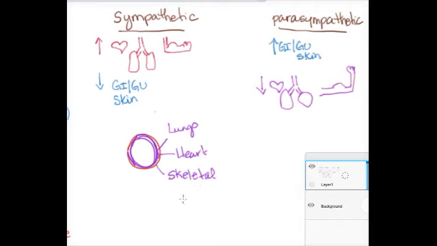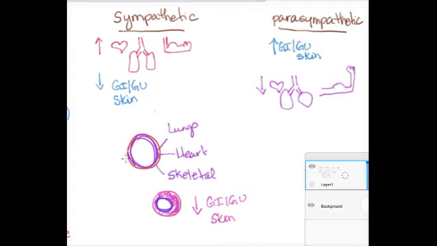And at the same time, you have a blood vessel that also has smooth muscle on the inside. And because the blood supply is not needed here, the smooth muscle is going to clamp down and it's going to reduce the size of the blood vessel so that you get a decrease to the GI system, the GU system, and the skin.